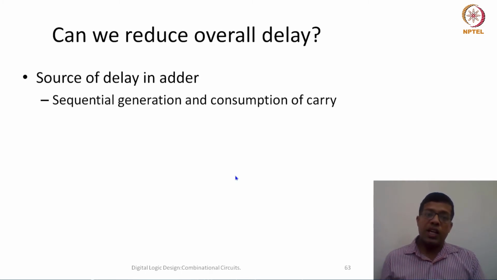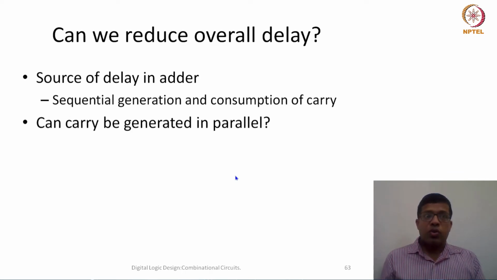Unless my carry is generated, it cannot be consumed, and carry at the ith stage cannot be generated unless carry of the I-1 stage is there. So unless we break this sequentiality, unless we generate this carry in a faster way, we cannot have a fast adder.